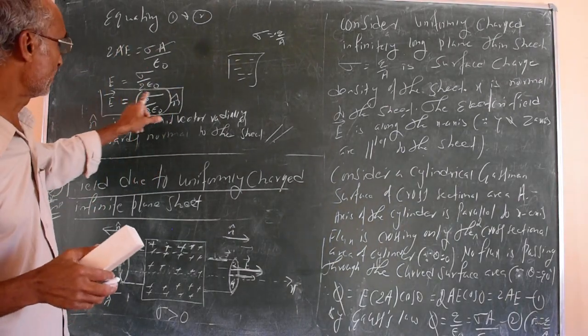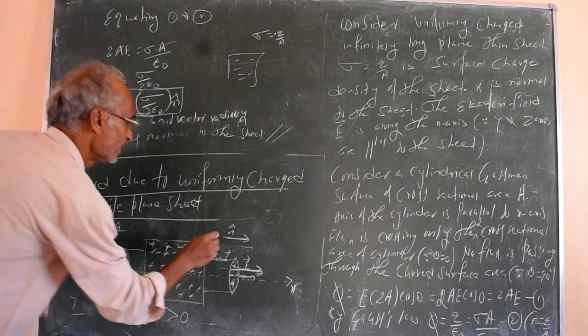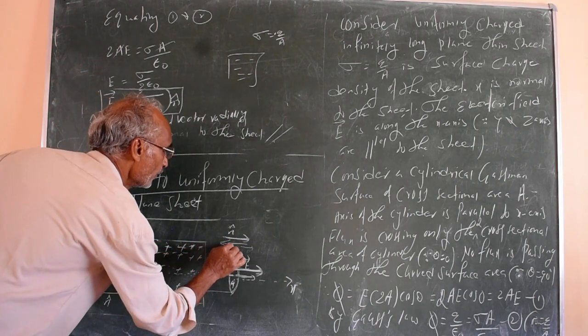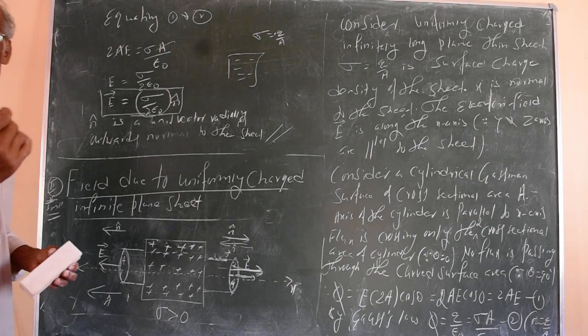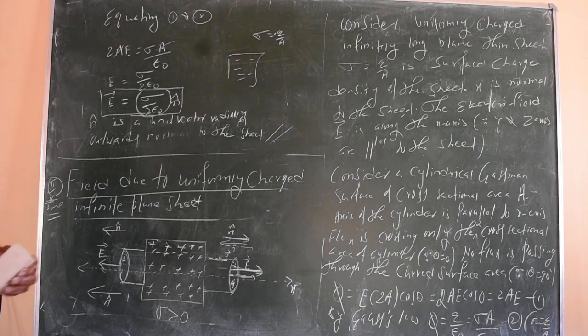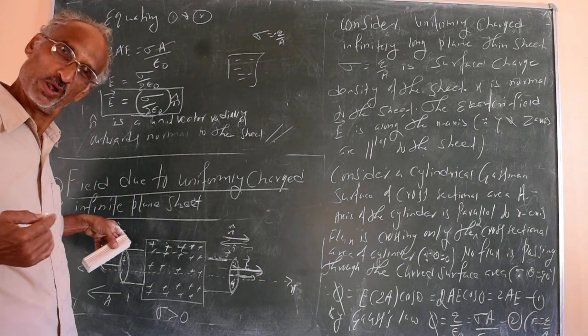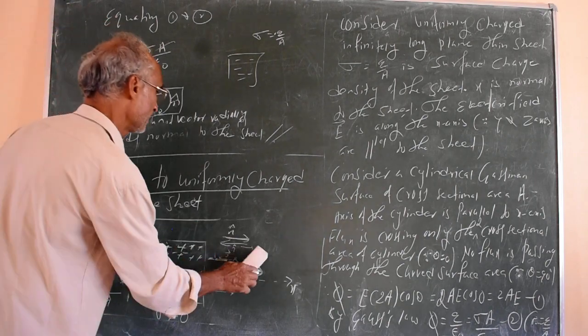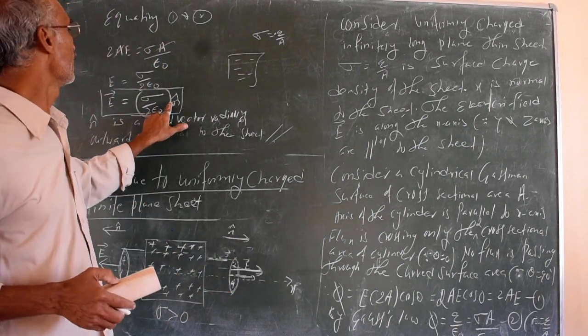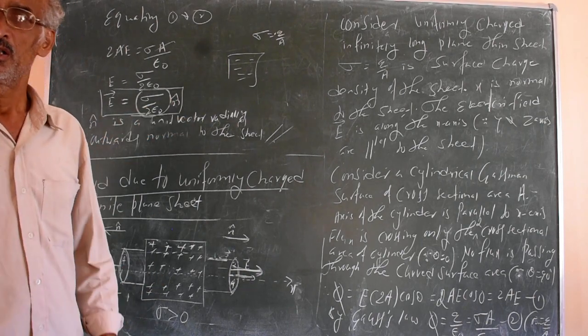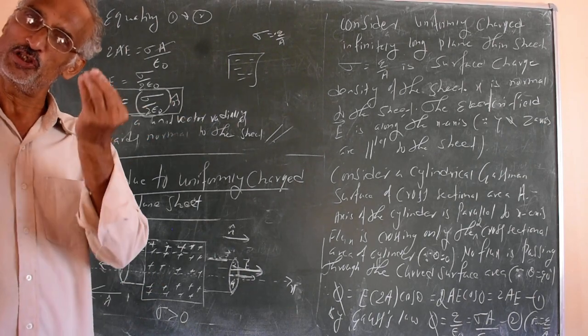Therefore, the field is in the direction of minus n cap. What is minus n cap? It means the field is radially inwards. Quite obvious. If the charge is positive, the field is radially outwards. If the charge is negative, the field is towards the charge.